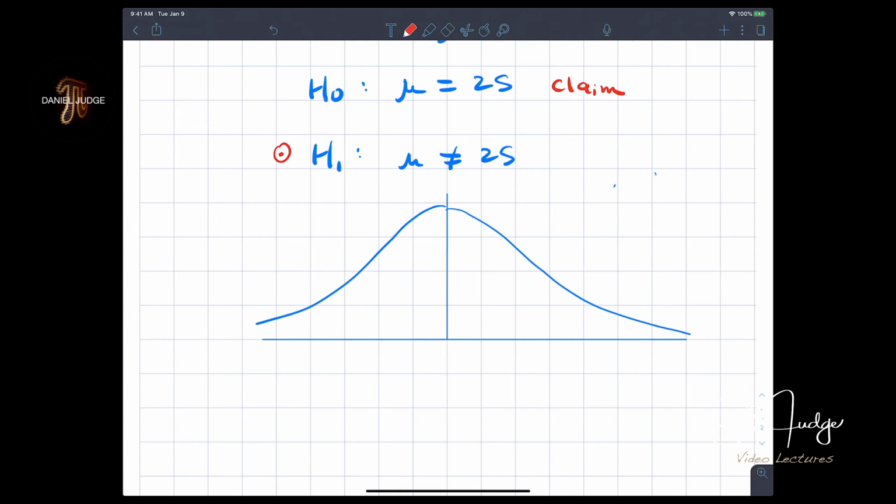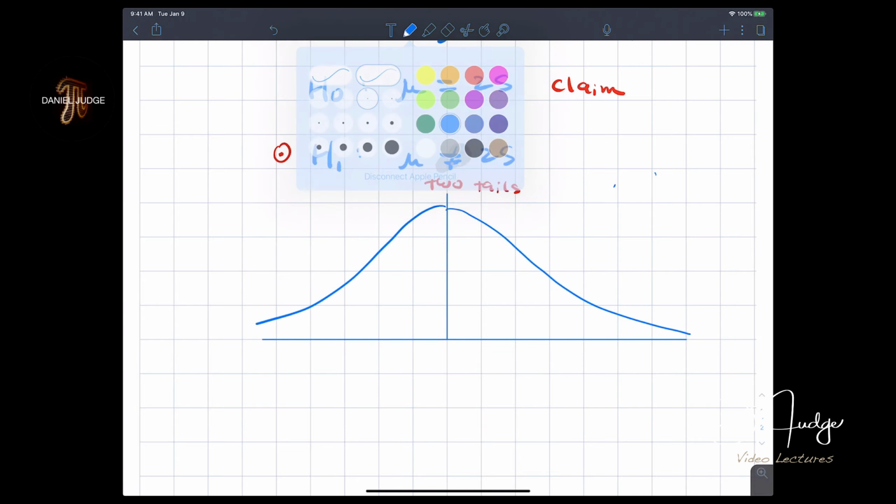You always look at the alternate hypothesis. And when you see not equal, that's two tails. Always, always, always. So you're going to have two tails here.